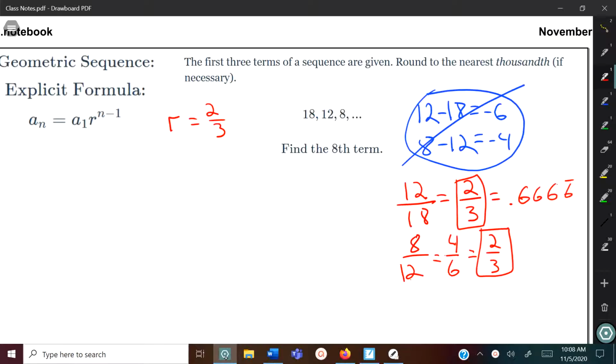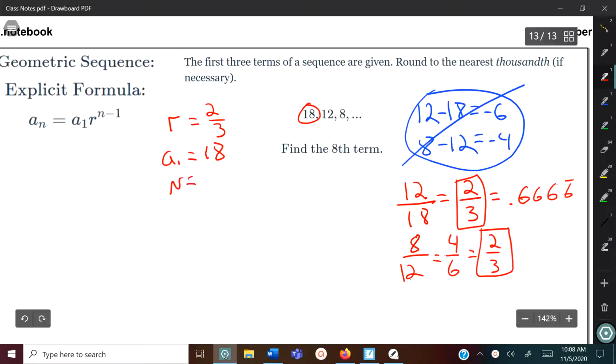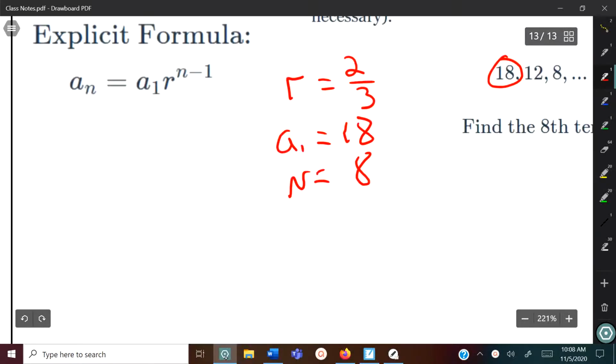Our first term, easy enough, is 18, and our n is 8. We're just going to type all of that into the formula.